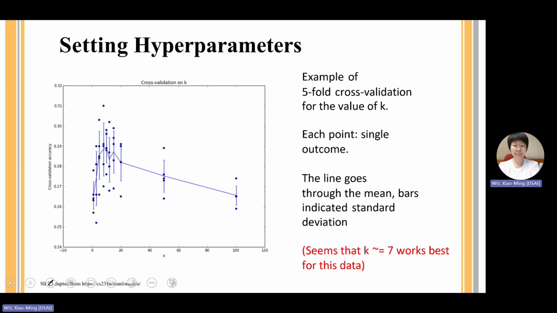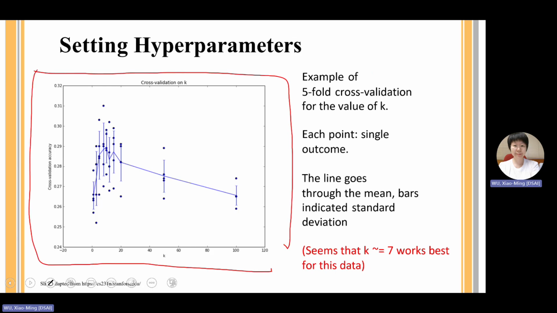This graph shows the classification accuracy with respect to different K. It seems that when K is 7, it achieves the highest result.